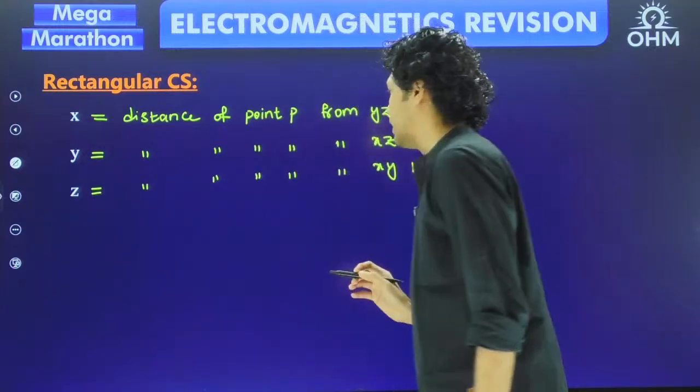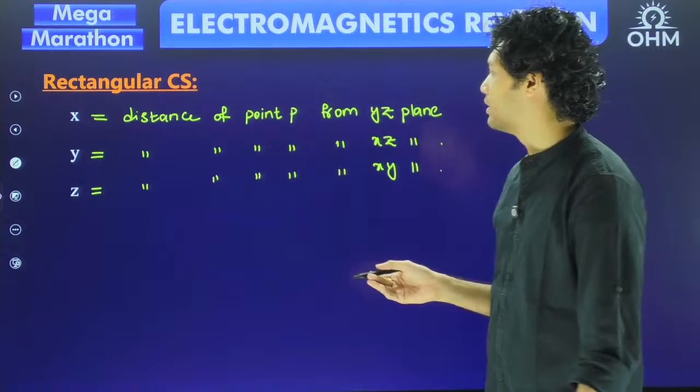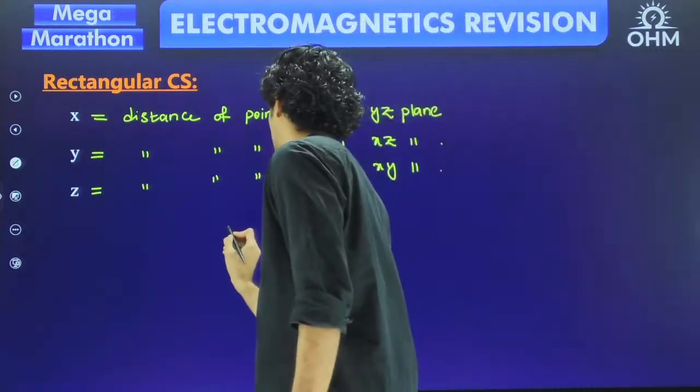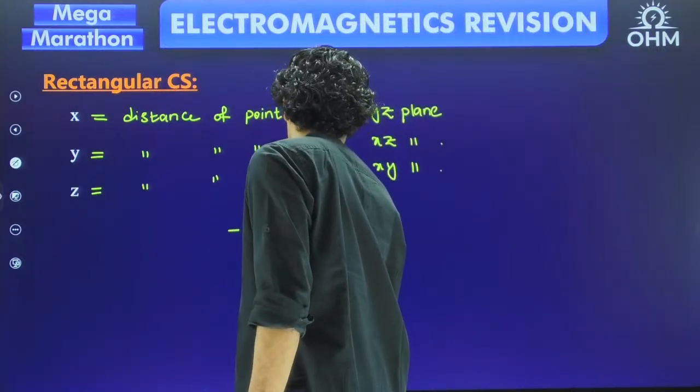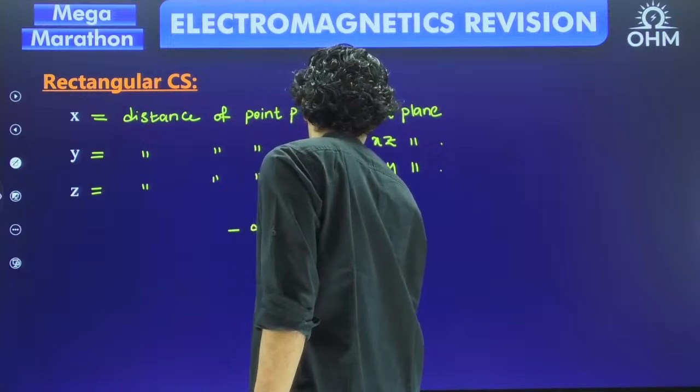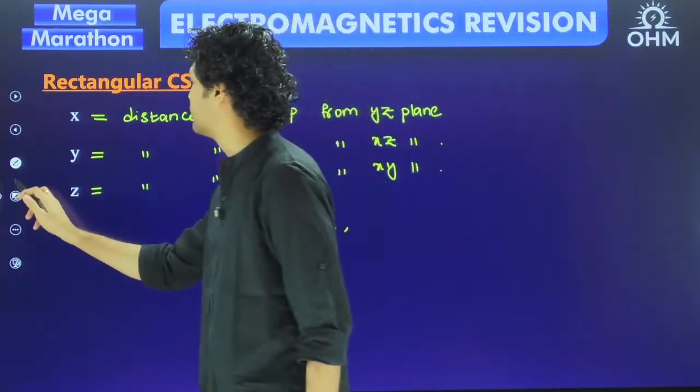Coming to the ranges, the range of x, y, z is from minus infinity to plus infinity.